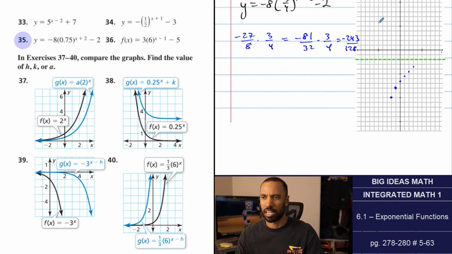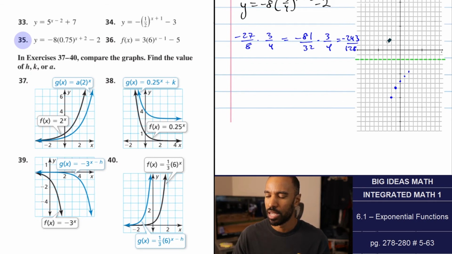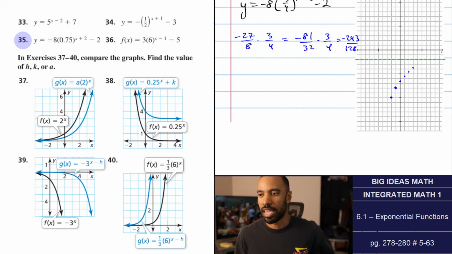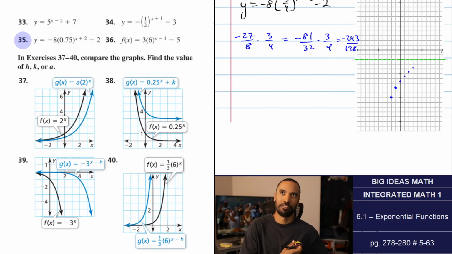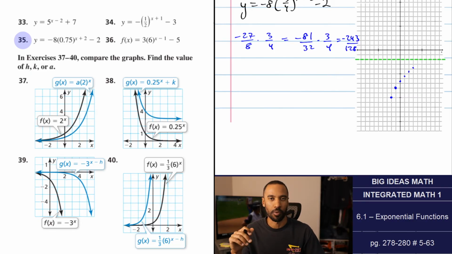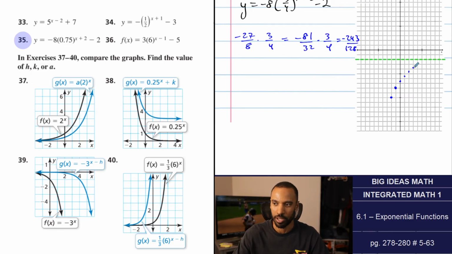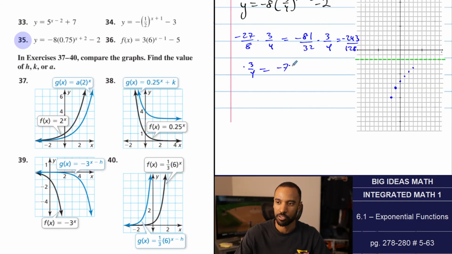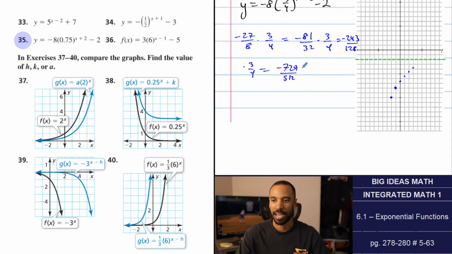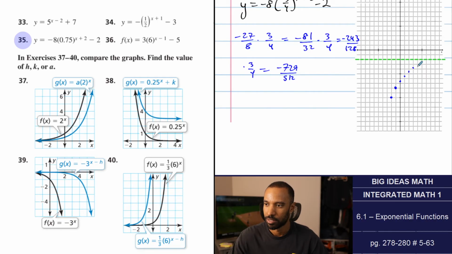I'm sorry, that's not less than negative 1.5. That's less than negative 2. It's getting close to negative 2. That's why that looks so weird. That's negative 1 and 115 over 128. So actually, that's really close to negative 2. I totally messed up how I was saying that. I'll do one more. Times 3/4 is negative 729 over 512. That's less than negative 1.5. So probably about there-ish. And then it keeps going, right? It's a very slow decrease.